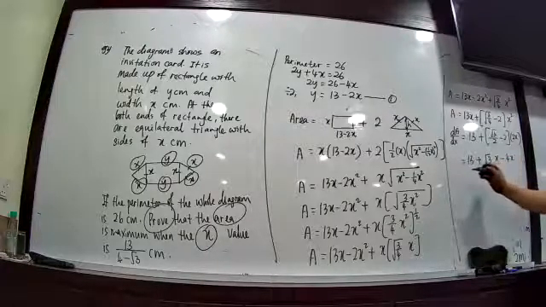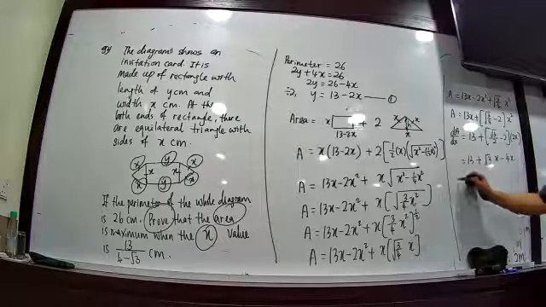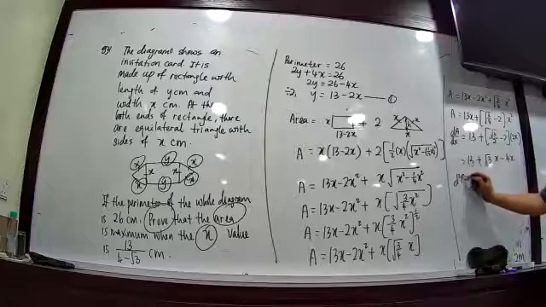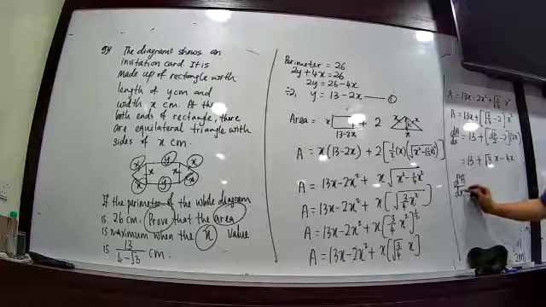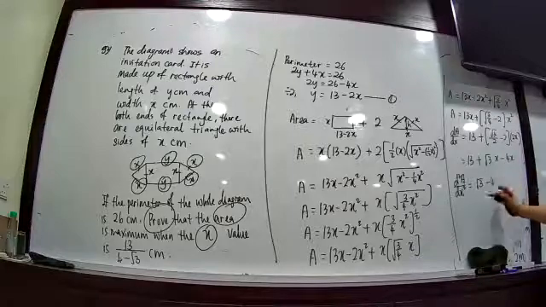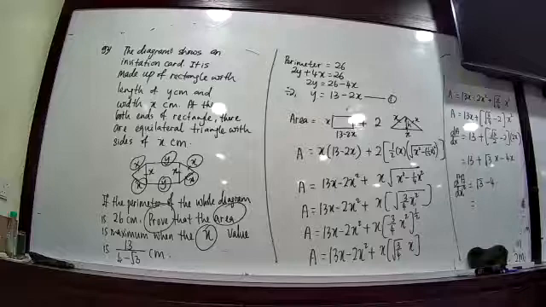Then you do one more time d²A/dx², because you want to show that it is a maximum. Differentiate 13, get 0. Differentiate this one, square root 3. Differentiate this one, you get minus 4. So square root 3 minus 4, the answer should be a negative value.